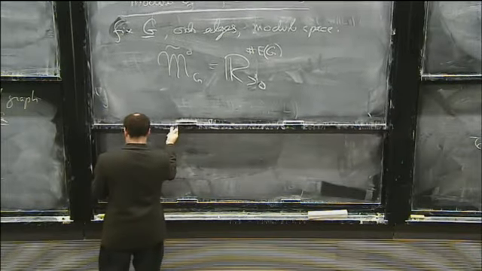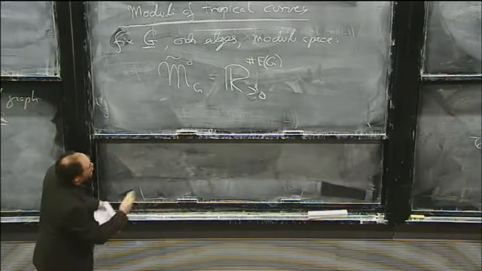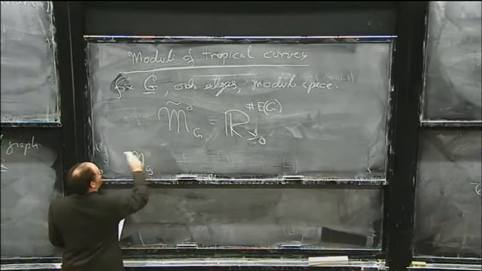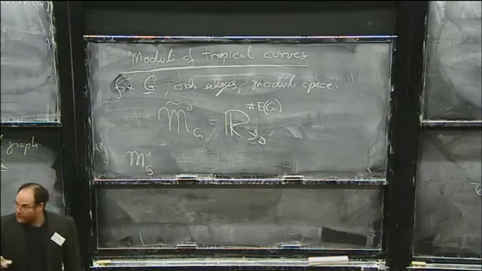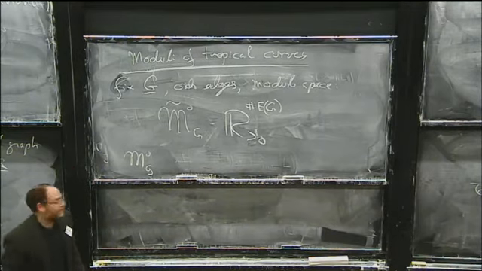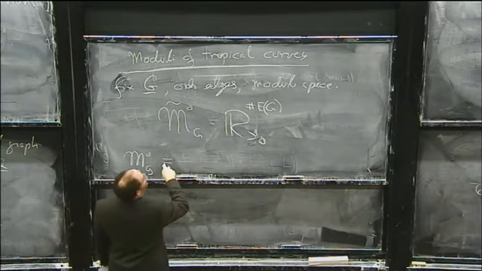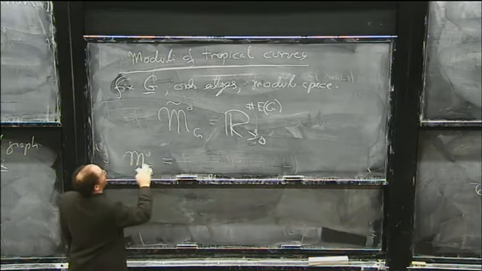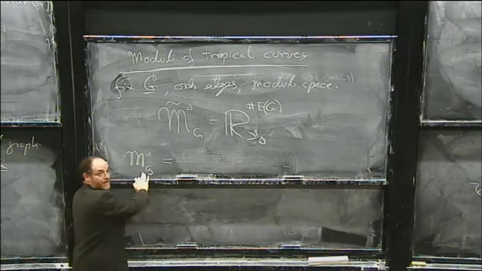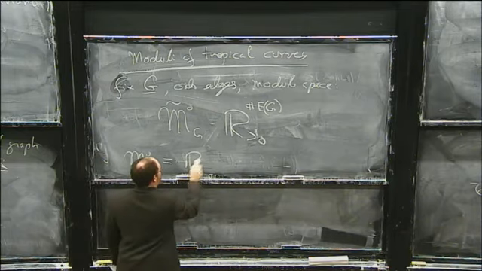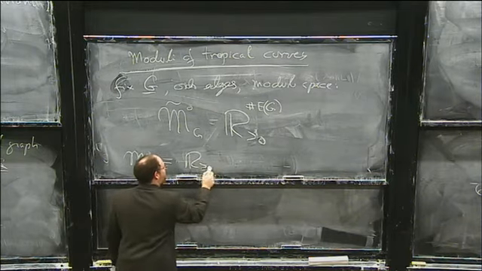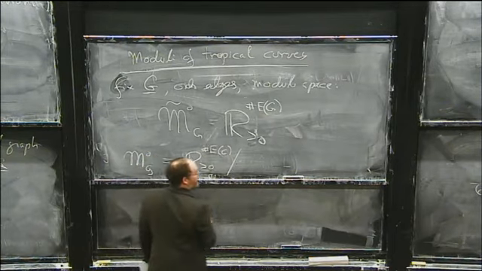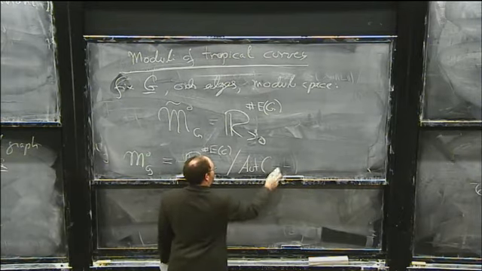So that's easy. Now, if you want to remove the ordering of the edges, then you can get M_G without a tilde by taking this and modding out by the automorphism group of the graph. So the moduli space of tropical curves with a given isomorphism class of underlying graph is R strictly bigger than 0 to the power number of edges, modulo the action of the automorphism group of the graph.